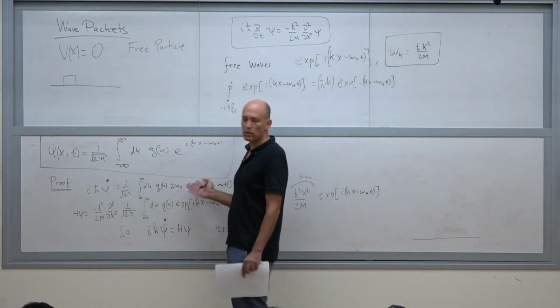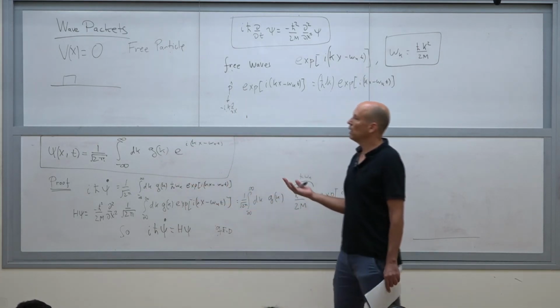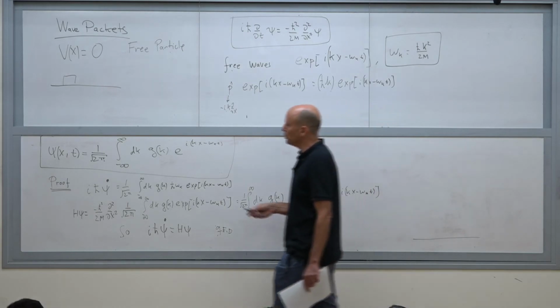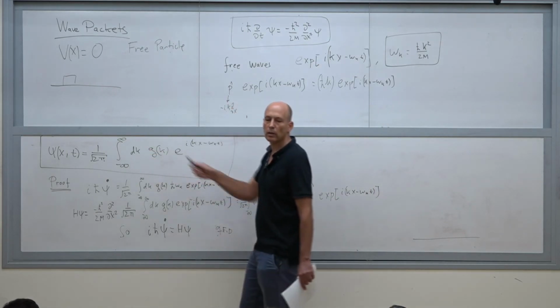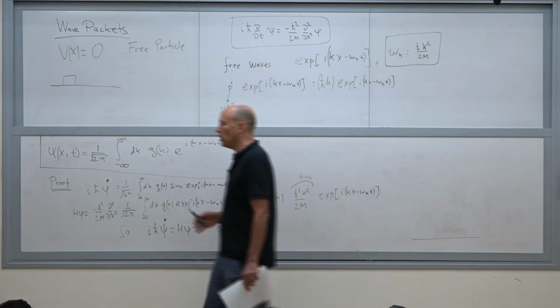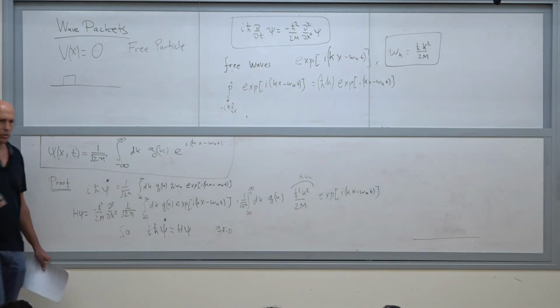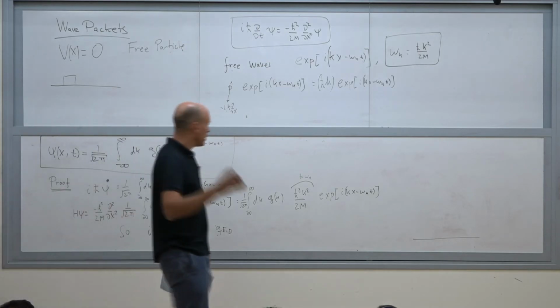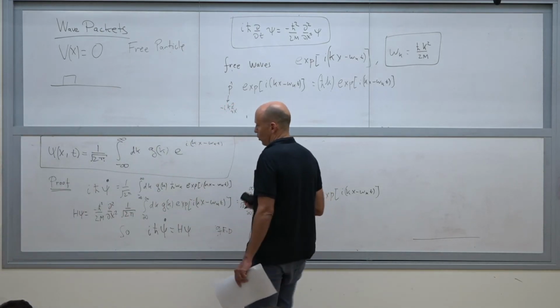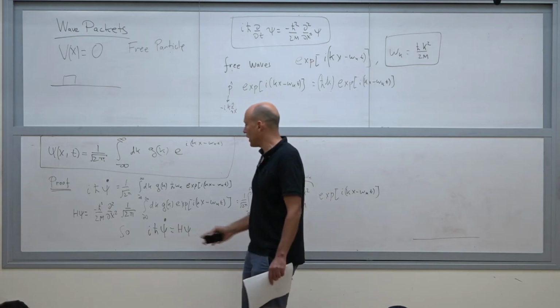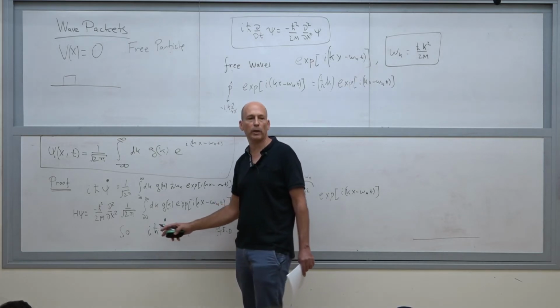Okay, good, so we have a solution, but this solution is still mysterious because what is this function, g of k? Any idea what is g of k? How will I find it? Initial condition. Yes, who said it? Thank you. So if you have a Schrodinger equation, you have the first derivative with respect to time.